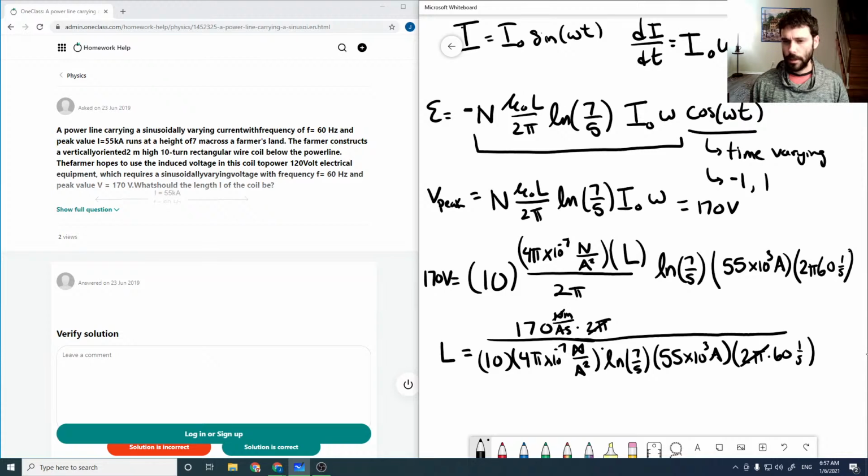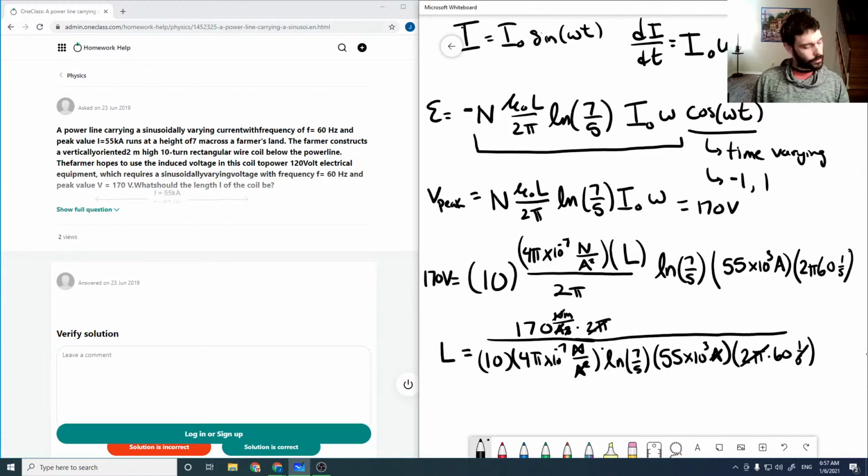And so our newtons will cancel. This amp is going to build up with this and cancel with that. So those will cancel. And then the per second over here will cancel, leaving us with meters, which is good because that's the answer we're looking for.